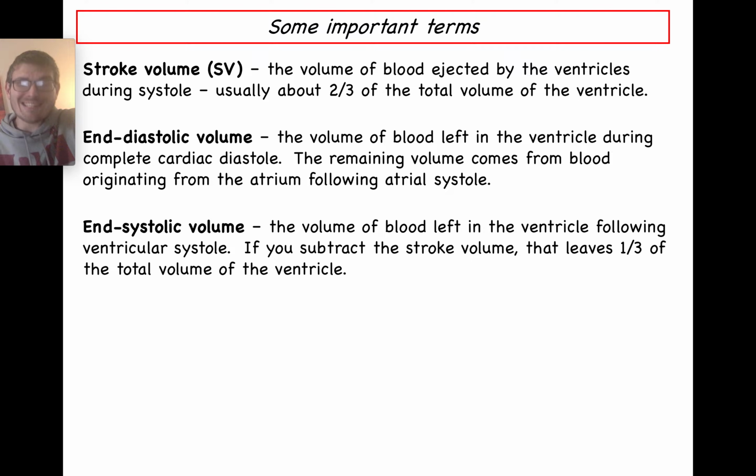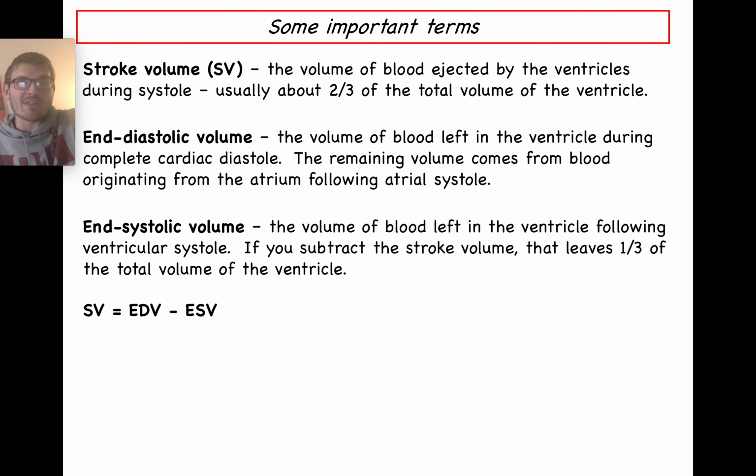And then the end systolic volume, or ESV, refers to the volume of blood left in the ventricle following ventricular systole. So this is basically that 1/3, or approximately 40 milliliters, that is left in the ventricle following the delivery of the stroke volume.